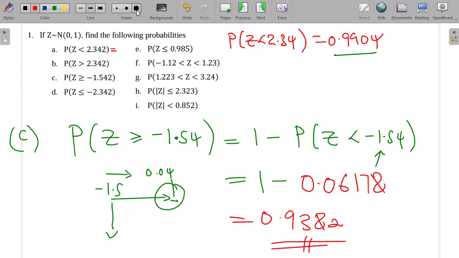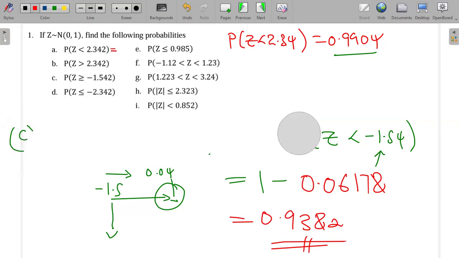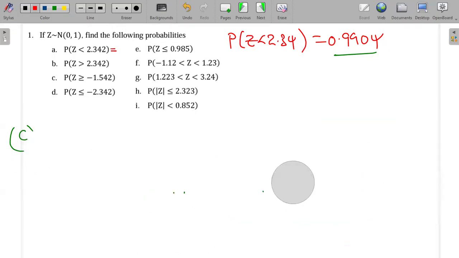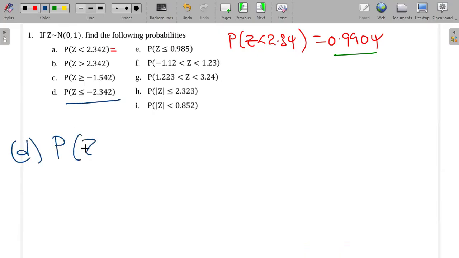Okay, let's look at D. To be very simple, it's the probability that Z is less than or equal to minus 2.34. Remember, I'm rounding off. Here I'm not going to use the Z-score table because I can see I have the answer for the positive value.